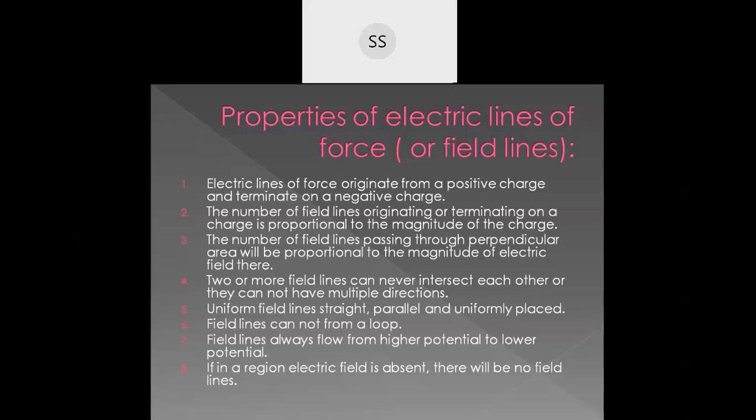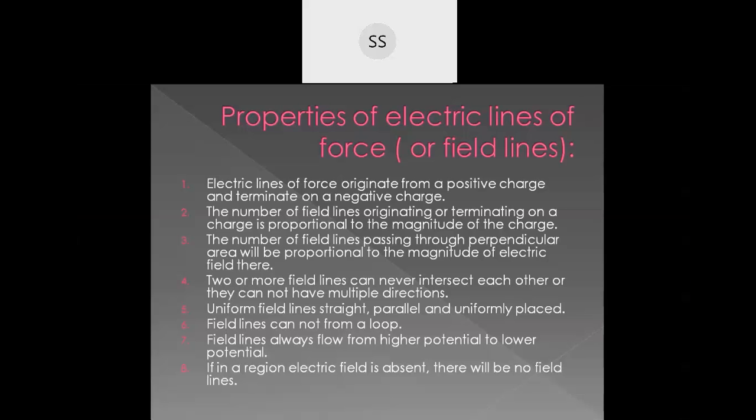Number two, the number of field lines originating or terminating on a charge is proportional to the magnitude of the charge. When the charge has greater magnitude, the number of field lines will be more, and when the source charge has lower magnitude, the number of electric field lines will be less.